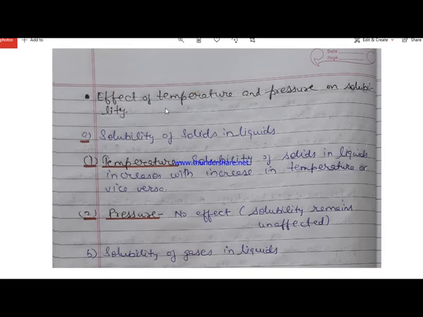Now students, we will study the effect of temperature and pressure on solubility. The first case is a solid dissolved in a liquid. When we prepare a solution by dissolving a solid in a liquid, if we increase the temperature, then the solubility of the solid in the liquid increases, and if we decrease the temperature, the solubility decreases.